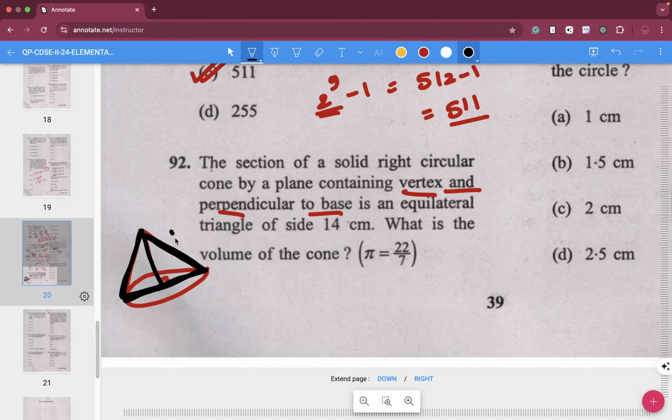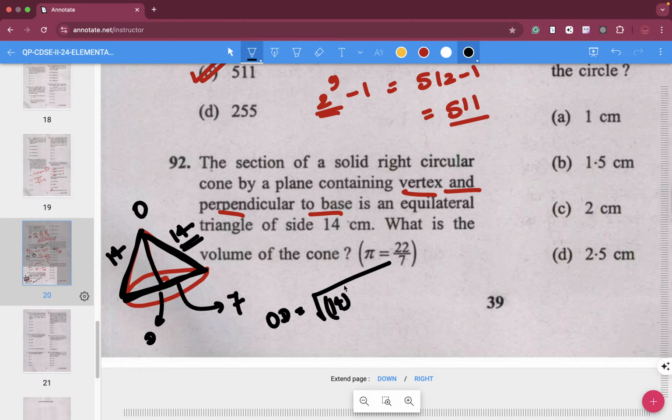If it is side 14 centimeter, it means the slant height is 14 centimeter. So the radius over here is 7, because it is an equilateral triangle. Now OD is equal to root under hypotenuse square, 14 square minus 7 square.